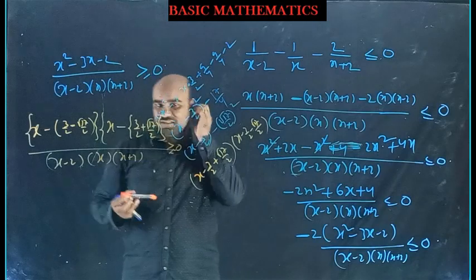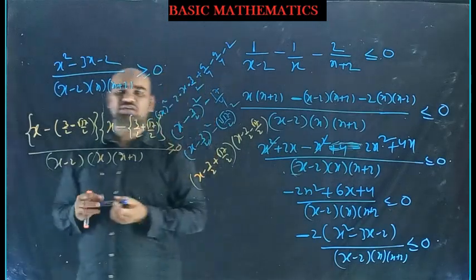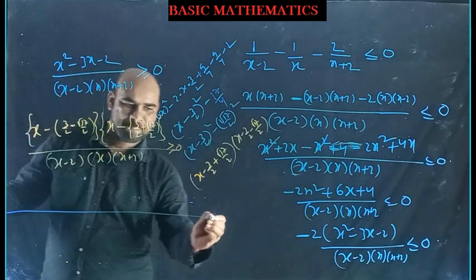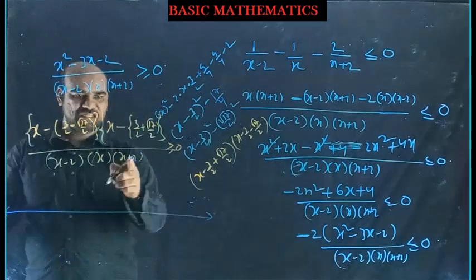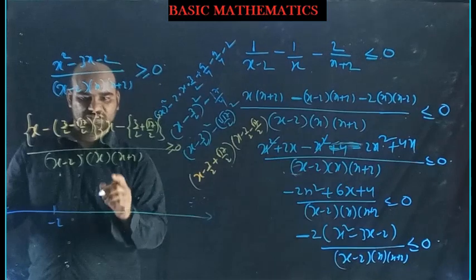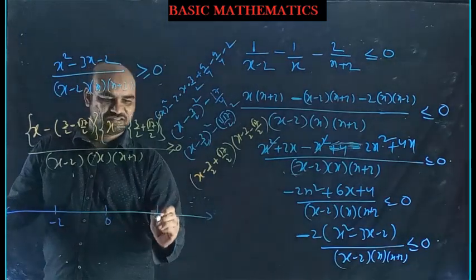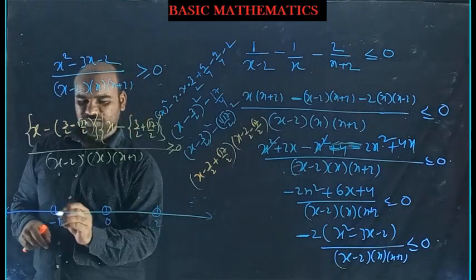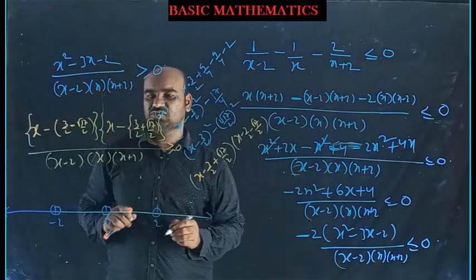Now we want to plot those critical points on the number line. Minus 2 here, 0 here, 2 here. These are not solutions, open circles. But these two critical points are solutions only.